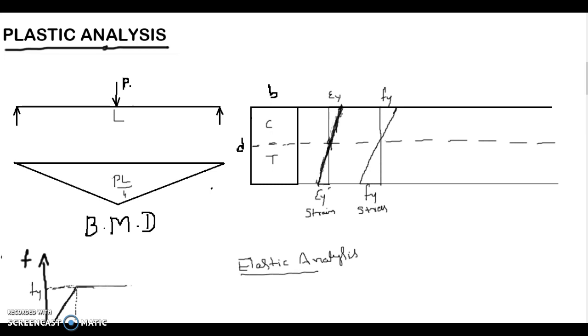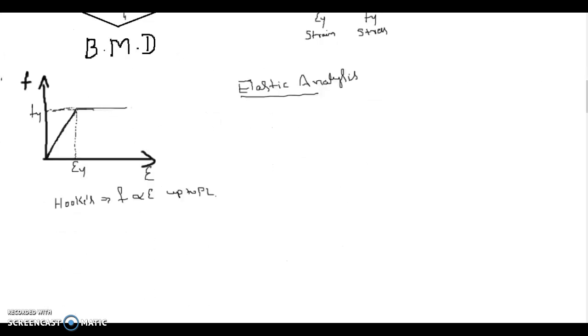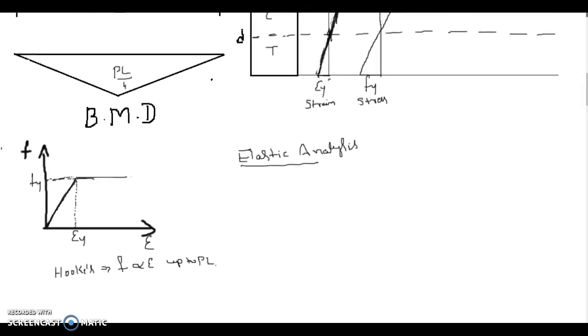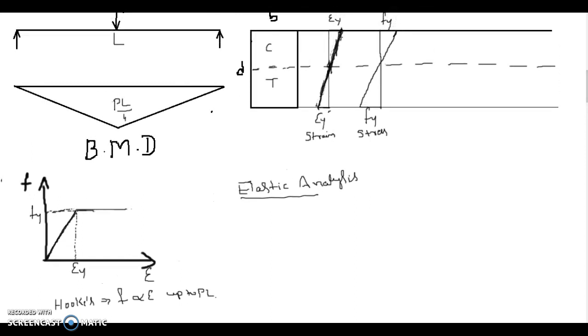Now in elastic analysis, this is how we do it. We have the simple bending equation, that is M by I is equal to F by Y is equal to E by R. You know all the meanings of these terms.